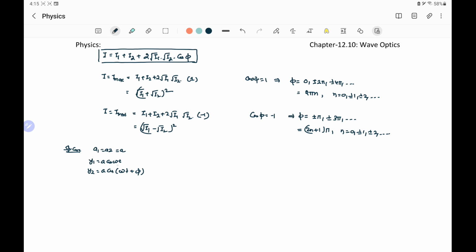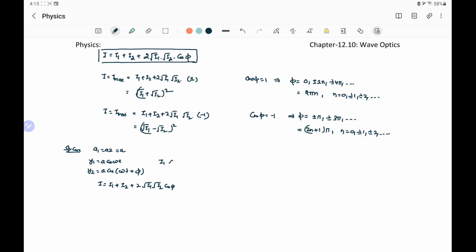Here phase of the first wave is omega t, phase of the second wave is omega t plus phi, and phase difference is phi. So resultant wave after superposition gives the intensity I, that is equal to I1 plus I2 plus 2 root I1 root I2 into cos phi.